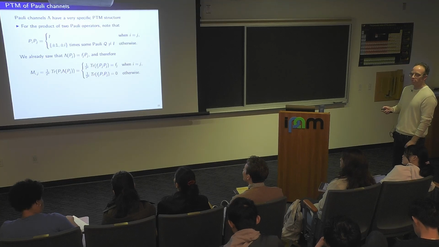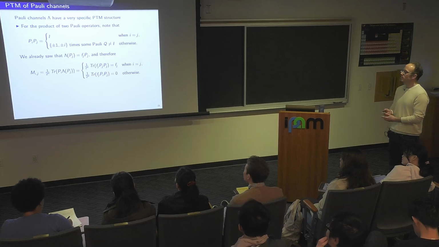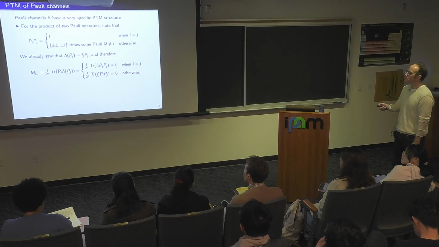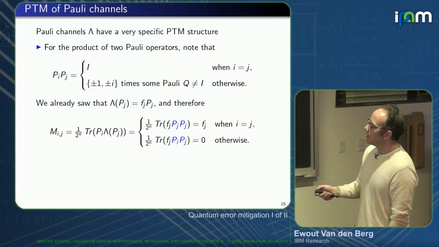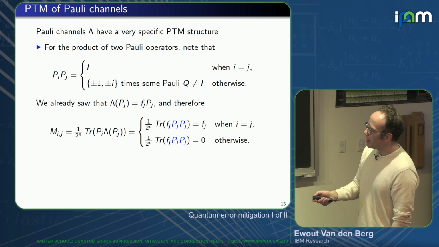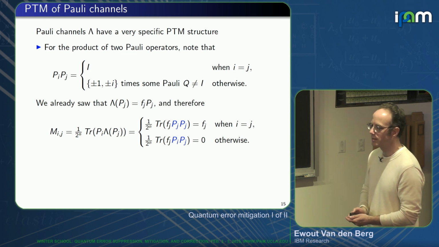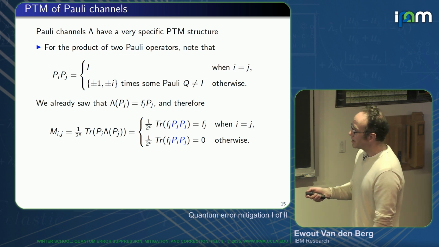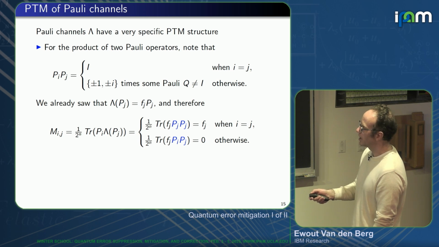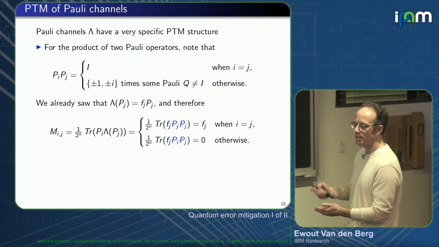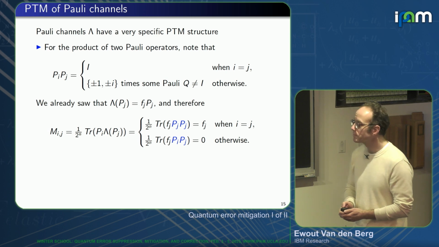So let's look at the Pauli transfer matrix of a Pauli channel. If we have some Pauli Pi times Pauli Pj, then when the terms are the same, it adds up to the identity. Otherwise, it's some Pauli Q that is not the identity with some phase, plus or minus 1, plus or minus i.